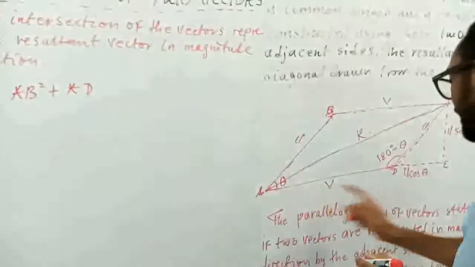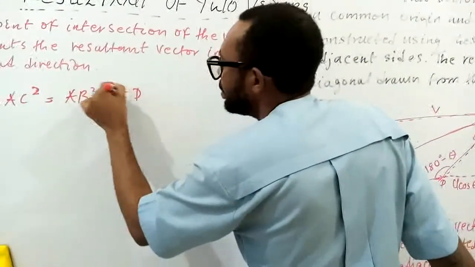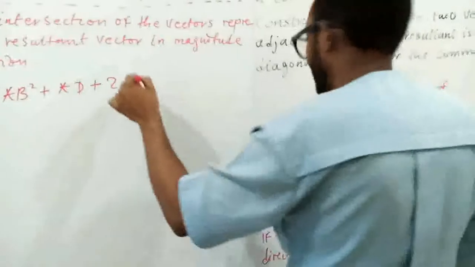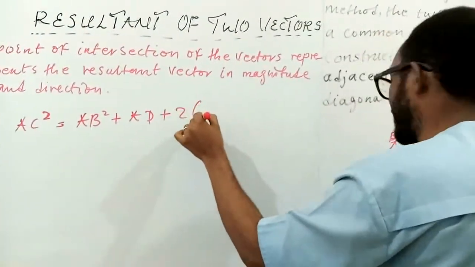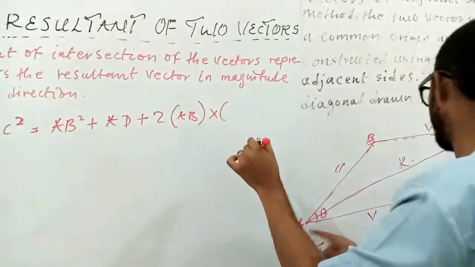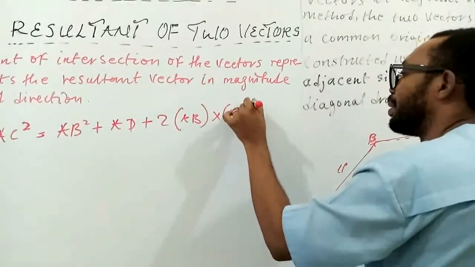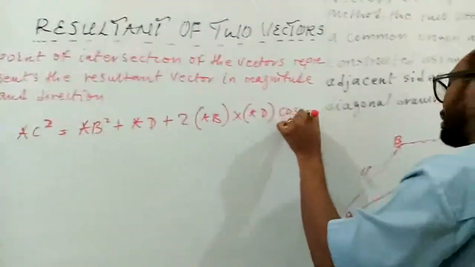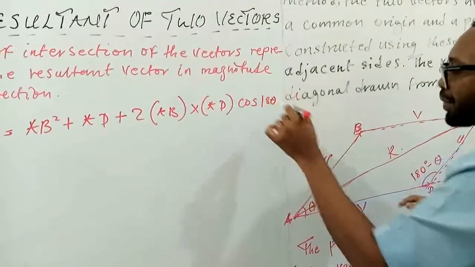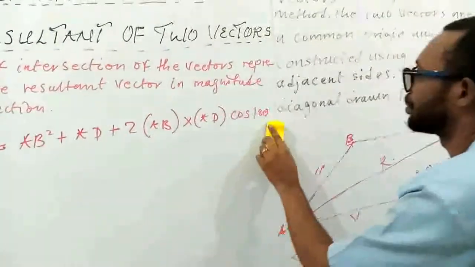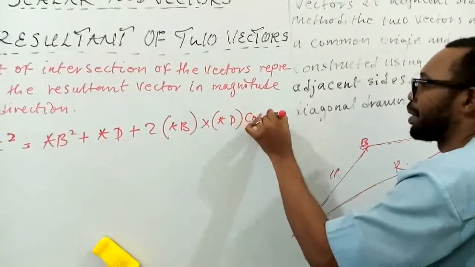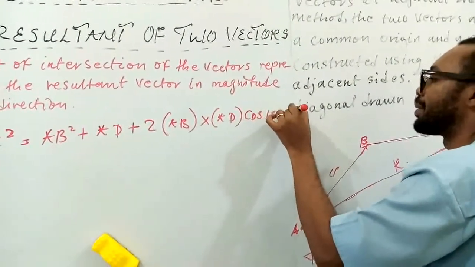You see it? AD squared plus 2 into AB times AD cos 180 minus theta.